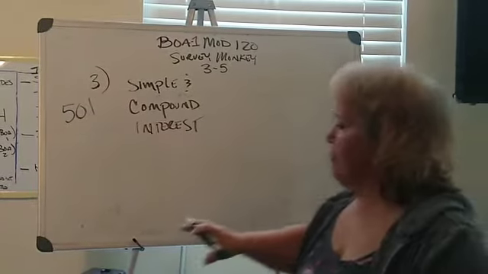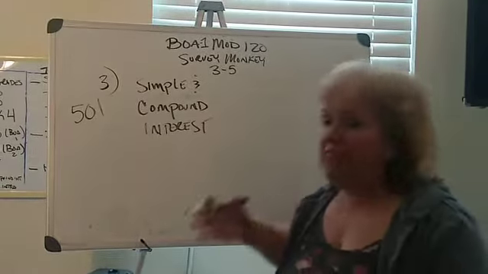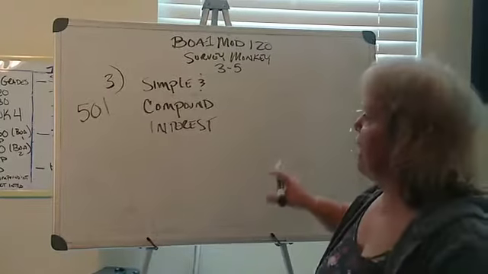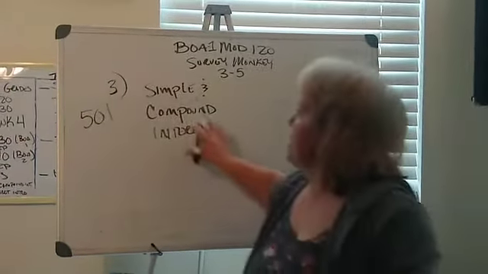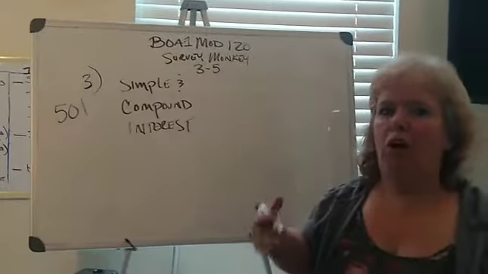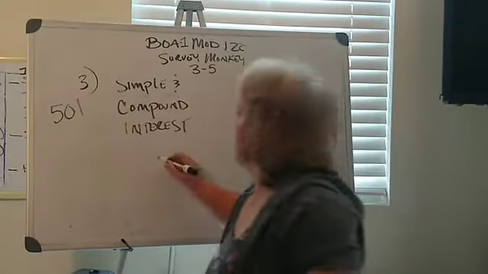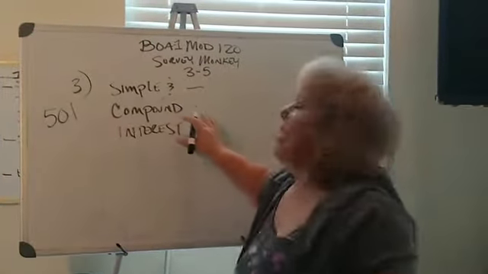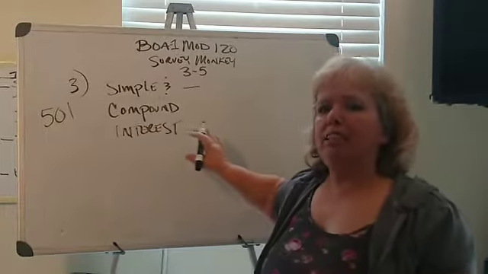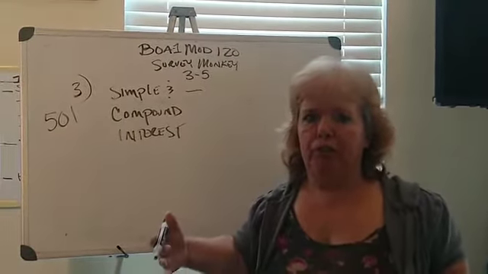The textbook doesn't give you a straightforward definition, but the way it can be explained is that simple interest is always based just on the principal of the loan, where compound interest is based on the principal plus any interest earned.